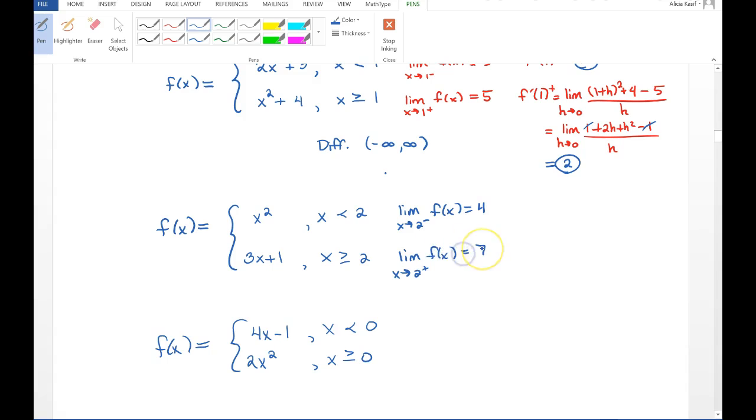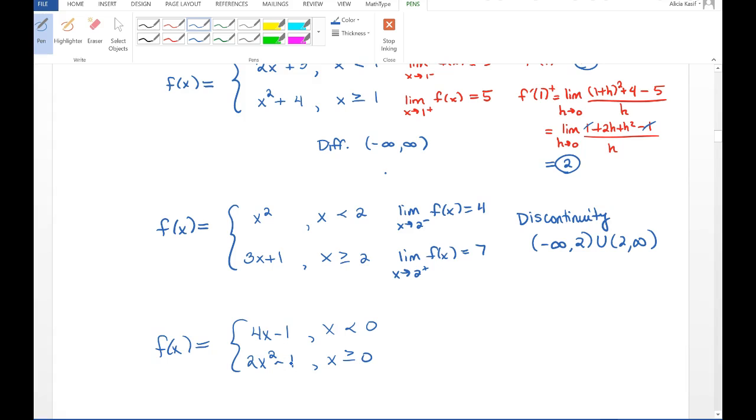So I don't have to check the derivatives. We're done. This is a discontinuity. So this is going to be from negative infinity to 2 to infinity. Oh, you know what? That should be a minus 1. Sorry.